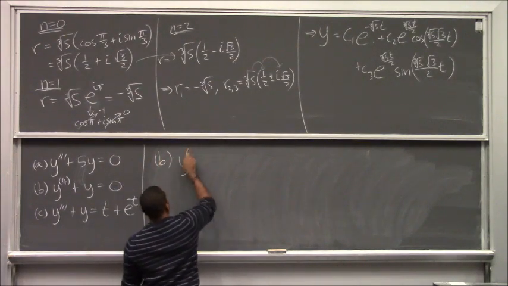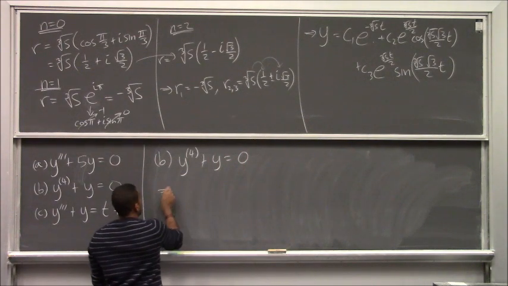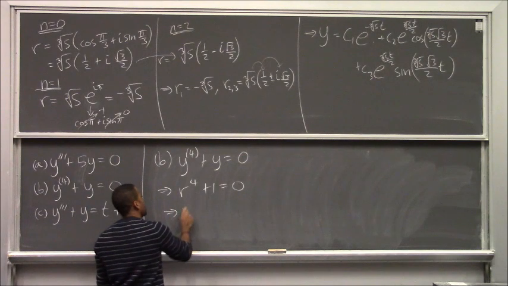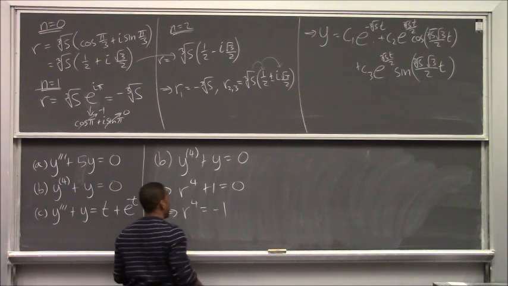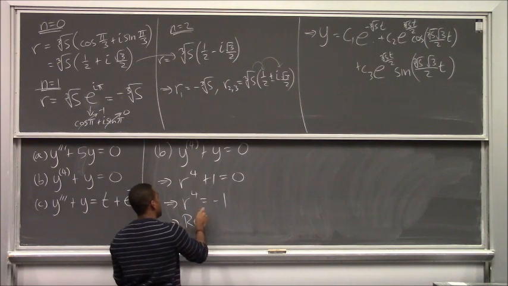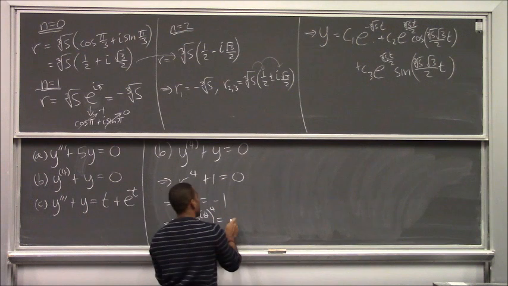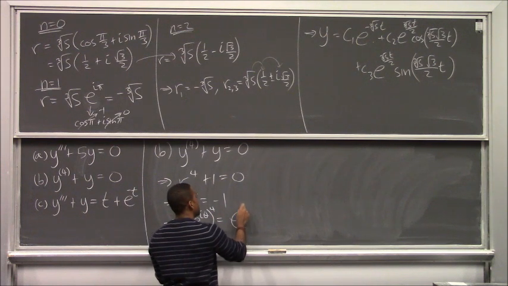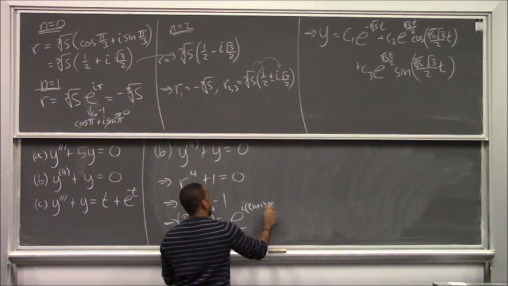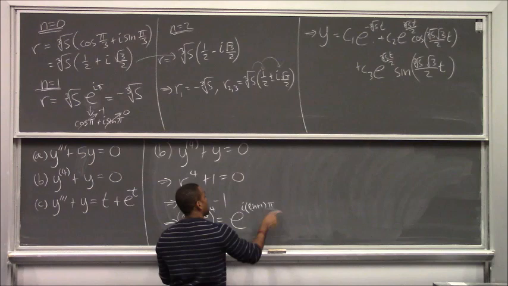Let's do this one. So, characteristic is this. Imagine this to be the polar form of a complex number, and that minus 1 I can write as e to the i (2n plus 1) pi.